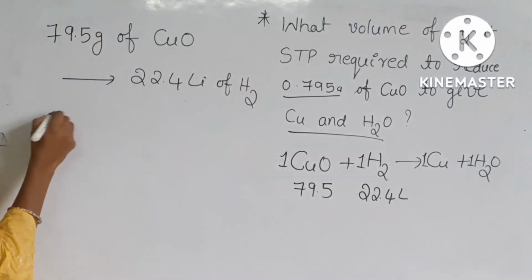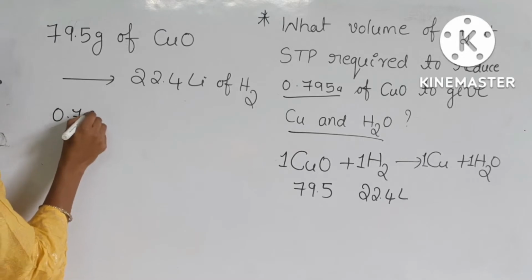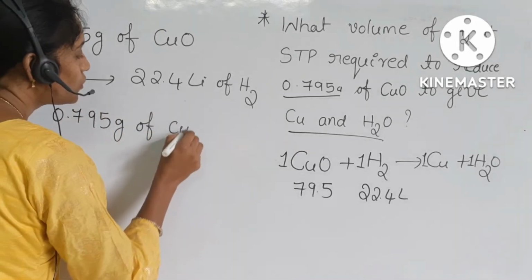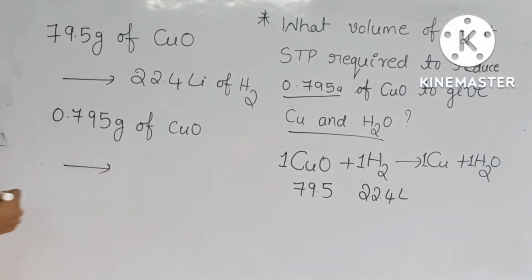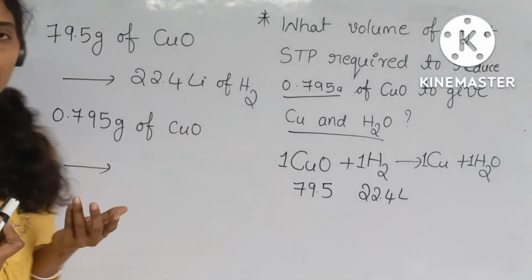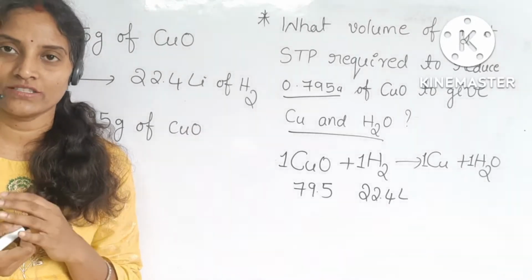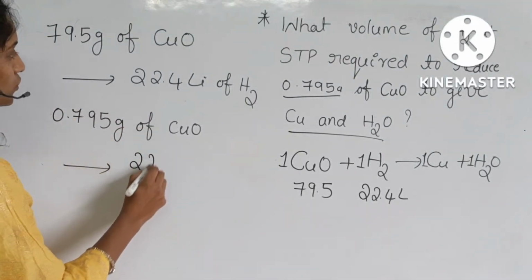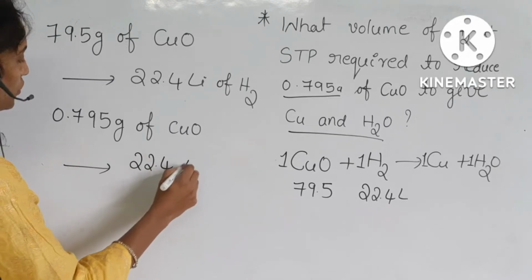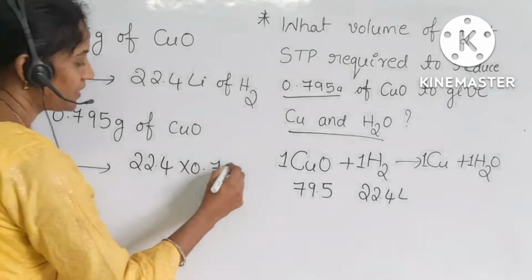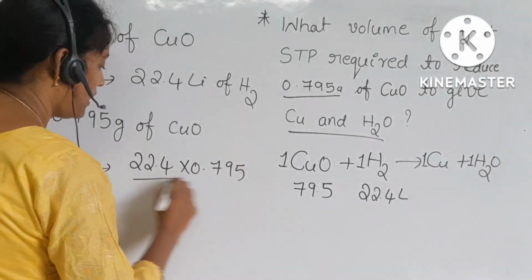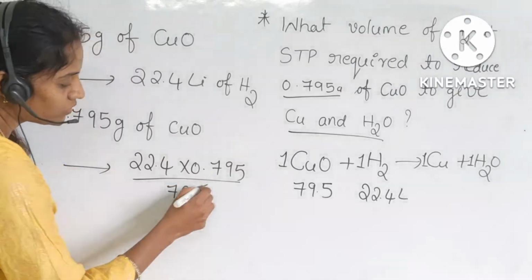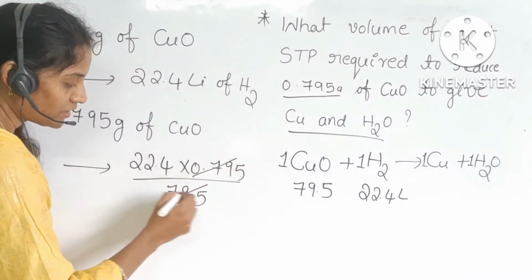Then 0.795 grams of CuO needs how many liters of H2 gas, you should calculate. So 22.4 into 0.795 upon 79.5. So these two will cancel out.